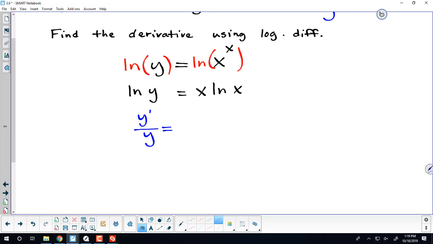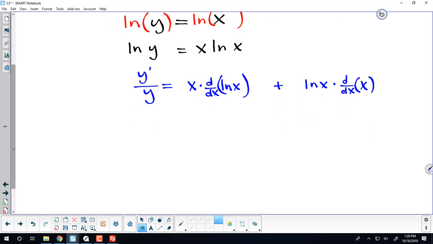And to take the derivative of the right-hand side, we have two functions of x multiplied together. So you've got to use the product rule on the right-hand side. So we have the first times the derivative of the second plus the second times the derivative of the first. Are there any questions regarding that step? Okay.